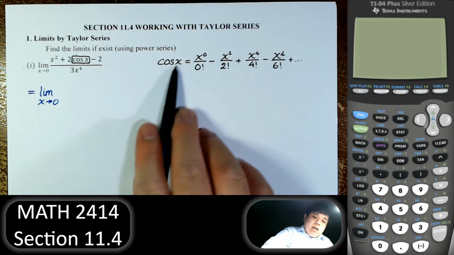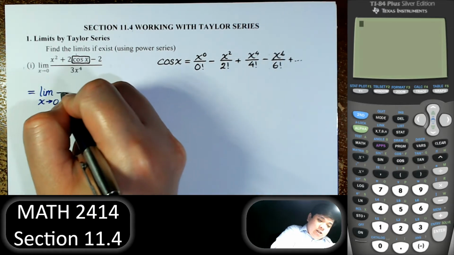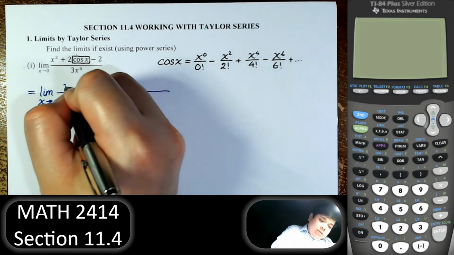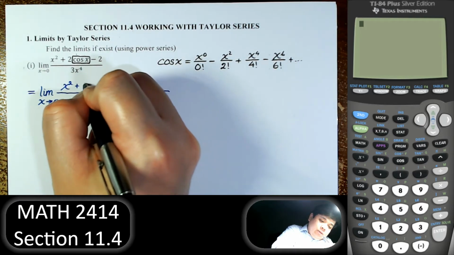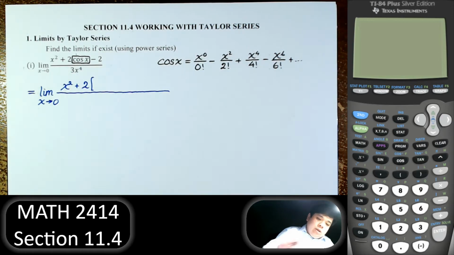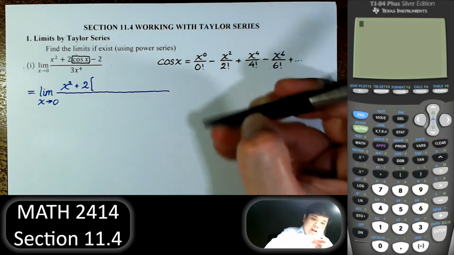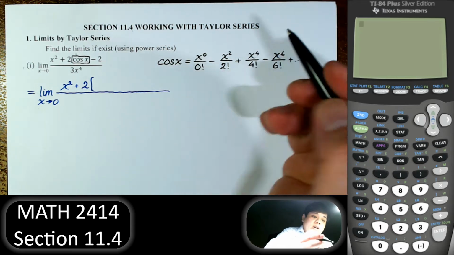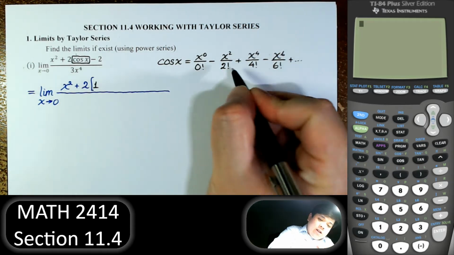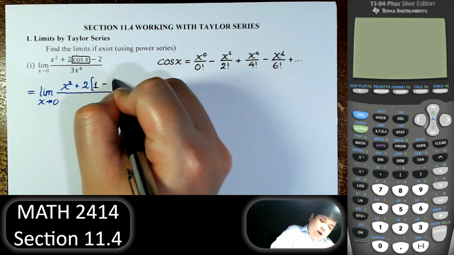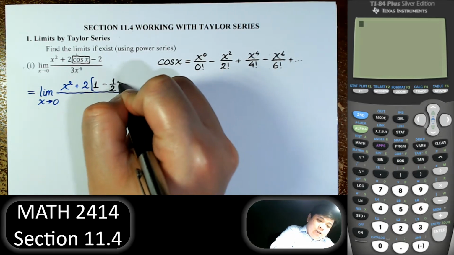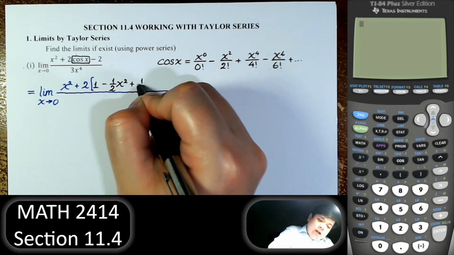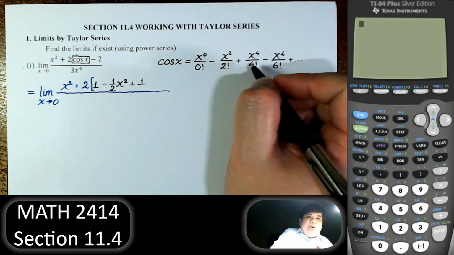Anyway, I'm going to put this series into cosine of x. Right, I will write this: x to the 0 power is 1, 0 factorial is also 1, 1 over 1, so this is just 1. Then 1 half x squared, and 1 over 4 factorial, which is 24.